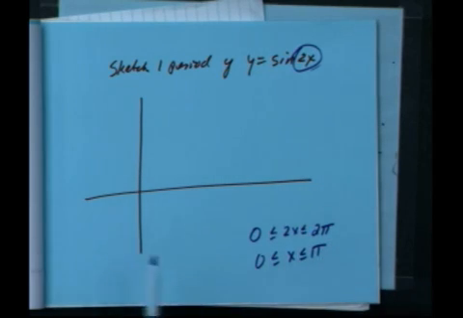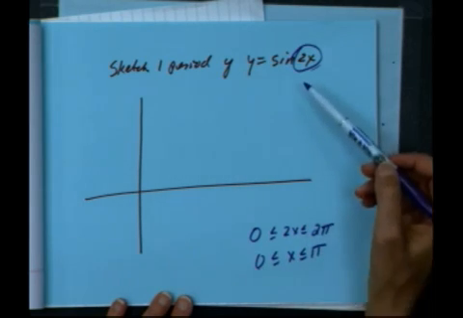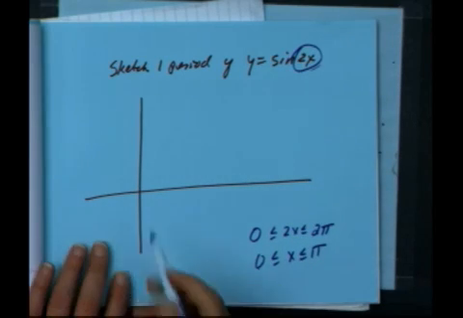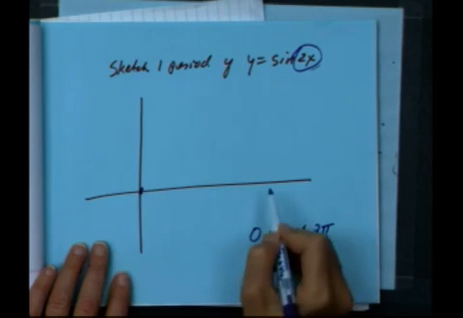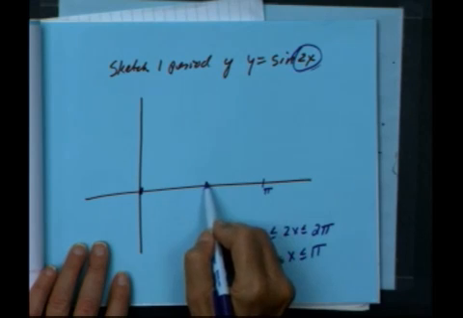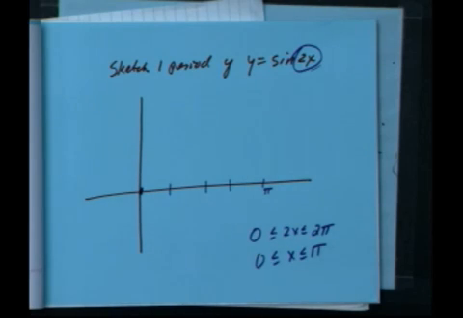And that tells me that when I pick a value of x between 0 and pi, it's going to give me the full sine curve. It's going to start at 0 and end at pi, and then you can just divide this up into fourths, because a sine curve always starts at 0, reaches its max 1/4 of the way in, goes back down to 0, hits its minimum 3/4 of the way in, and then comes back.